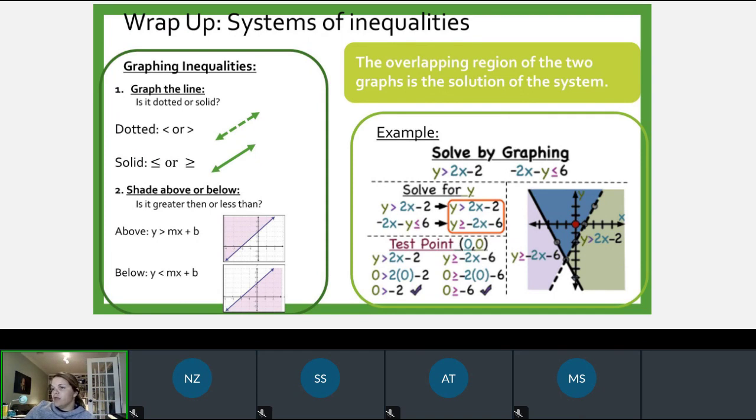And then over here, this is a full worked out example problem for you where we had to solve for y. And then it has it graphed. And the blue is the overlapped area. So any point in that blue area is a solution.